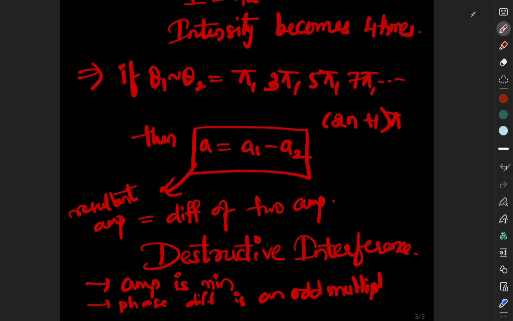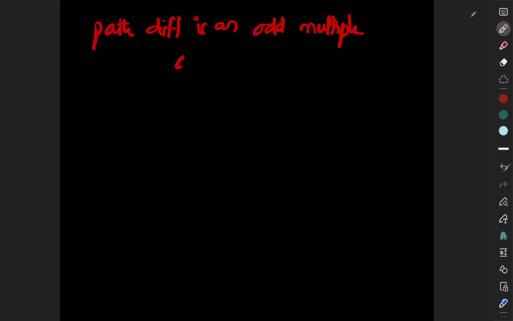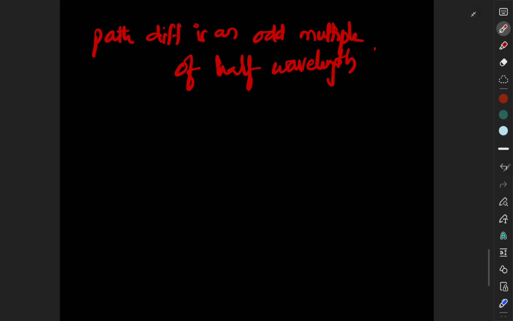And the path difference is an odd multiple of half wavelength, that is lambda by 2.